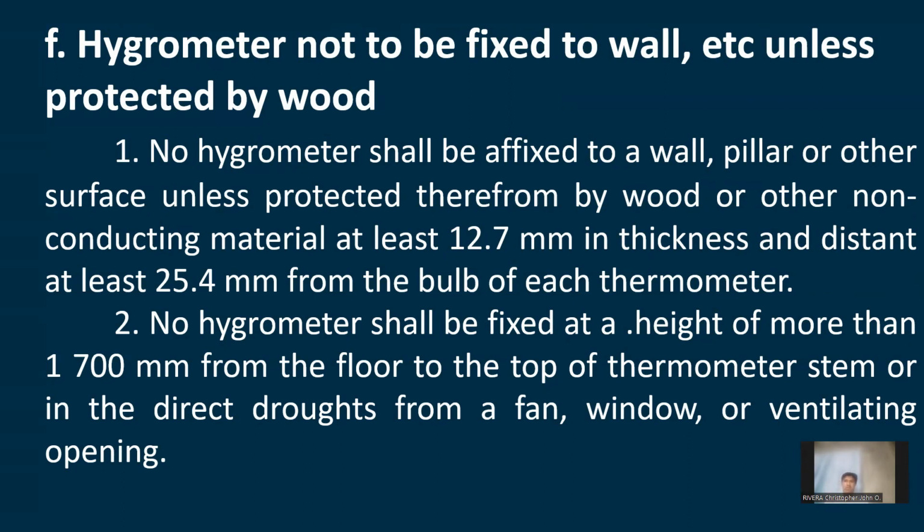No hygrometer shall be fixed at a height of more than 1,700 mm from the floor to the top of thermometer stem or in the direct draughts from a fan, window or ventilating opening.